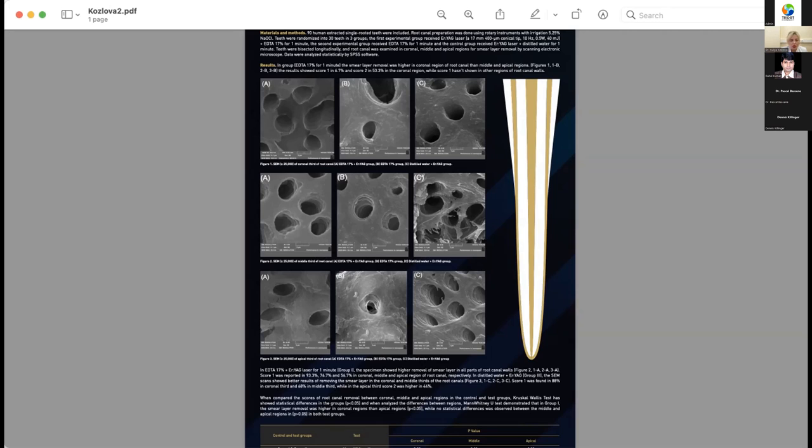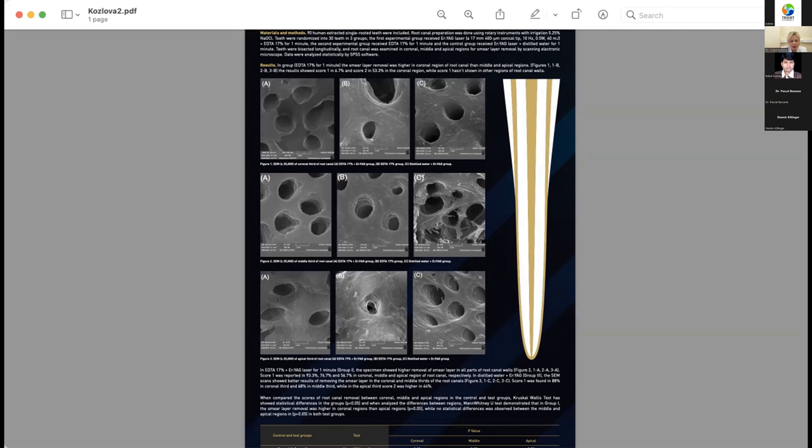Using erbium YAG laser for activation of distilled water was more effective in the coronal and middle third than in the apical third in our study, even though it was better than using EDTA 70% alone. And other researchers have also shown the same results.